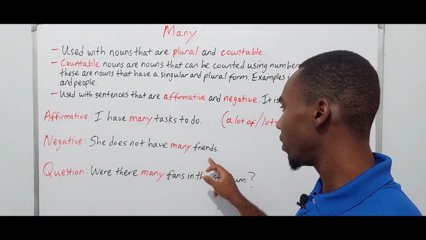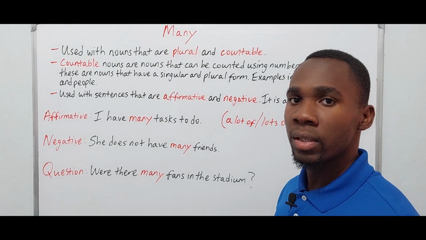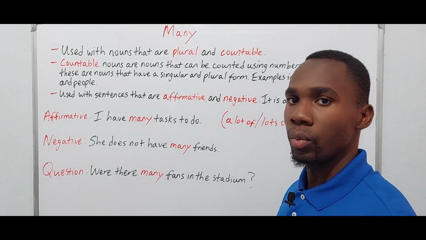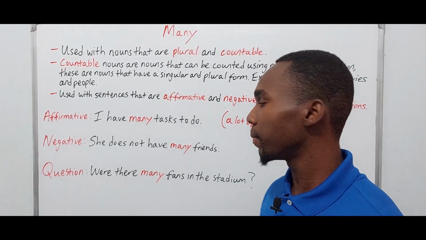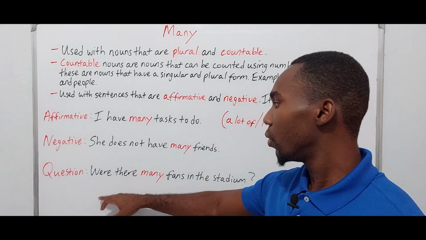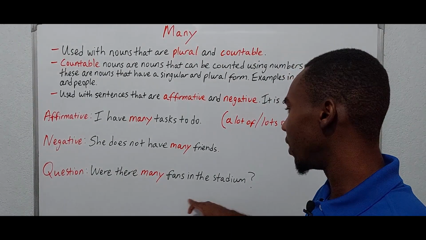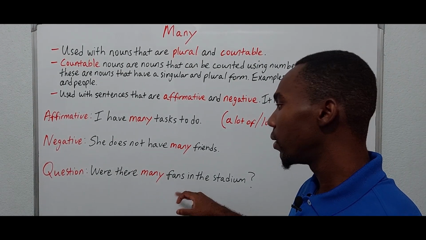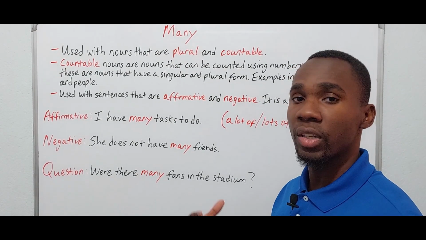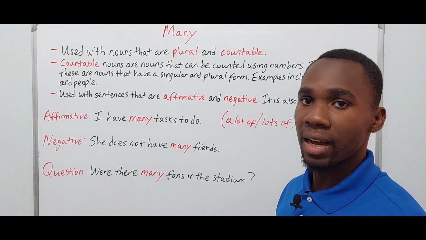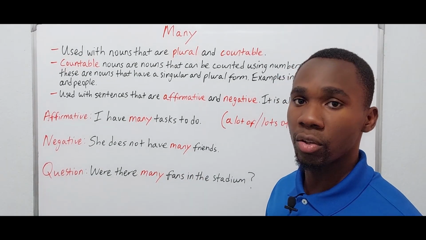Once again, friends would be plural, and friends could be made singular, and you can count friends using numbers, right? And a question, were there many fans in the stadium? Fans would be plural, of course, and fans can be counted using numbers, and fans can be made singular, right?